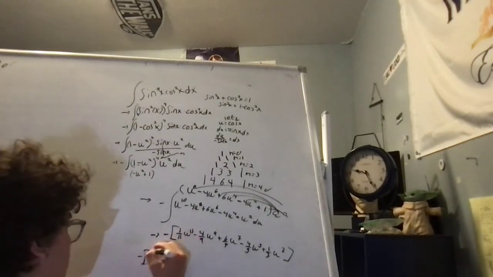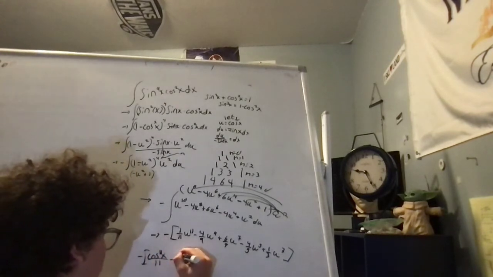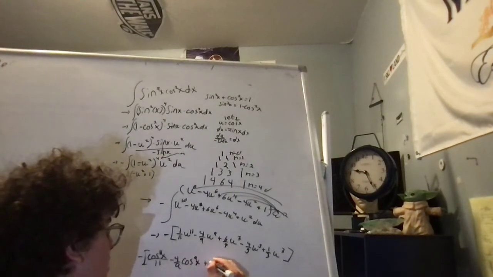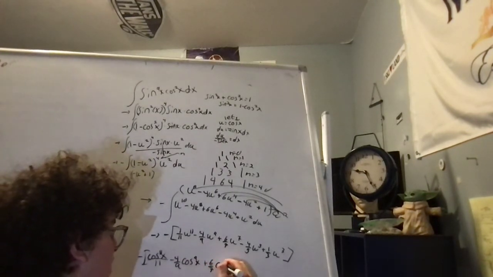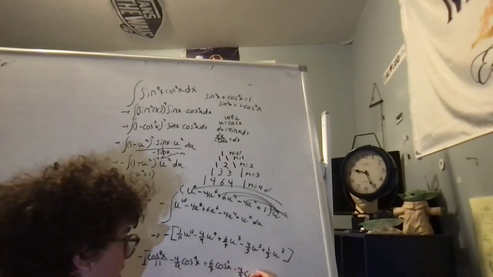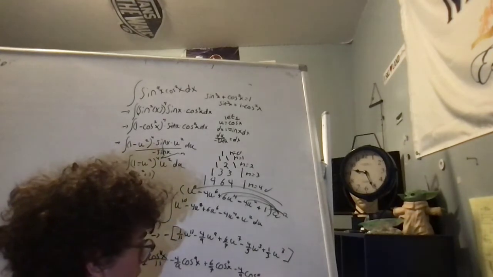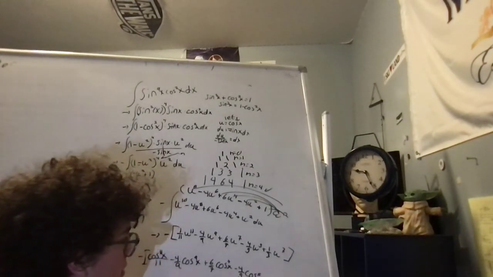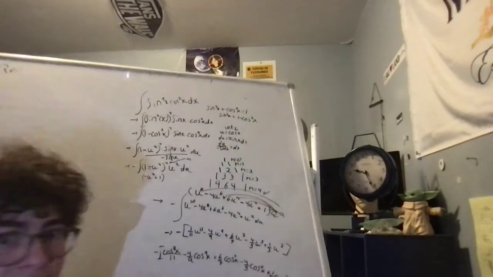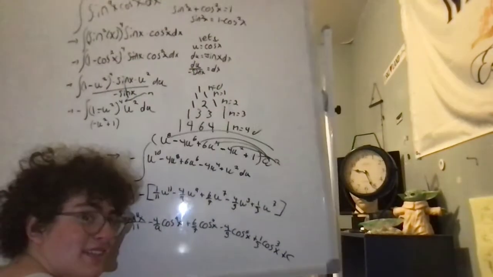We're going to have cosine to the 11th of x over 11 minus 4/9 cosine to the 9th of x plus 6/7 cosine to the 7th of x minus 4/5 cosine to the 5th of x plus 1/3 cosine cubed x plus c. And as you can see there, that is our solved integral.